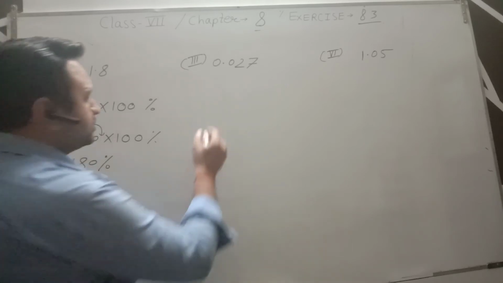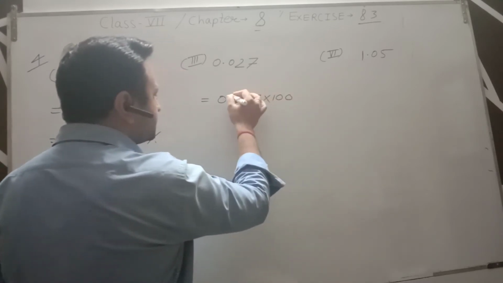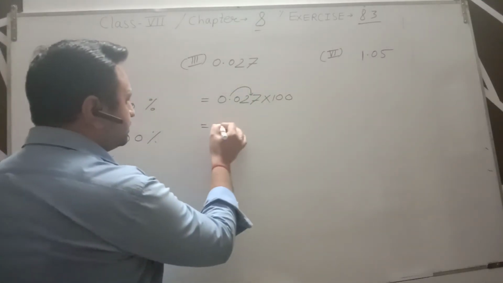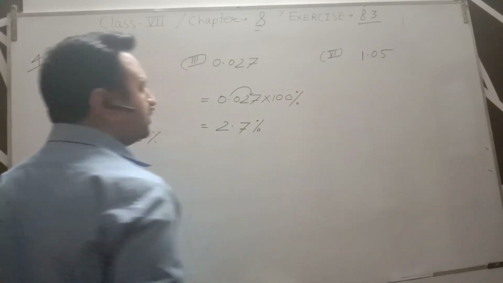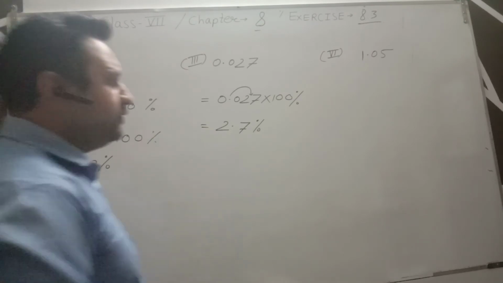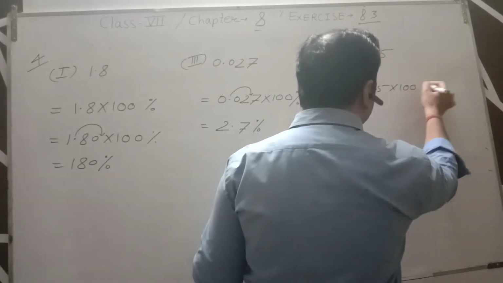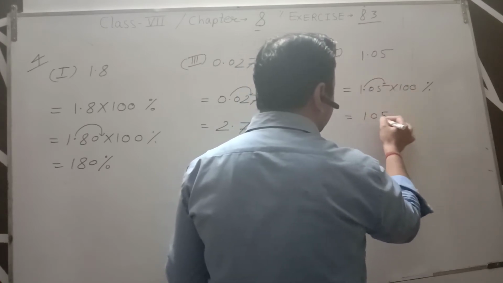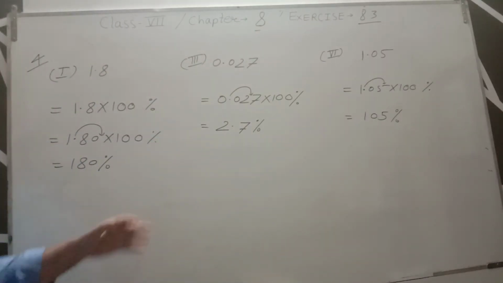Similarly, to convert 0.027 into a percentage, multiply by 100 and the decimal will be shifted 2 places to the right. So 2.7%. Sixth part, 1.05: to convert into a percentage, multiply by 100 and add the percentage sign, and the value is 105%. So question number 4 is also clear. These parts and the remaining parts are homework, just note them down.